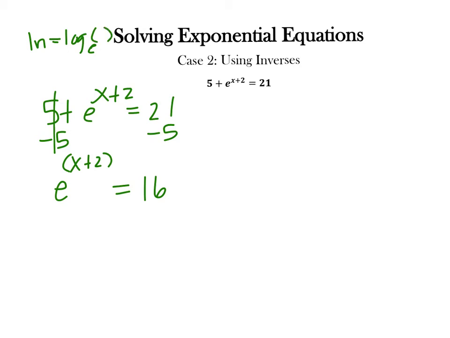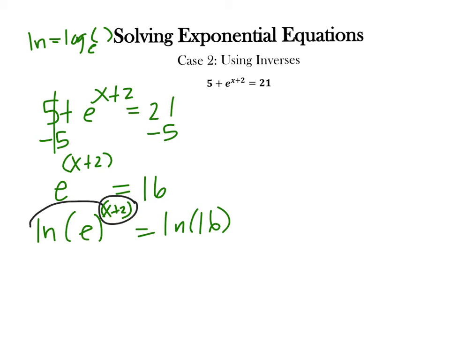So, if I take the natural log on the left, and the natural log on the right, I can bring this exponent to the front. This whole thing will go to the front, and you're left with x plus 2 times natural log of e equals natural log of 16.